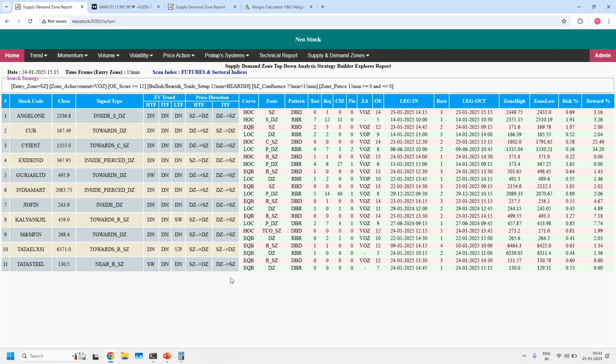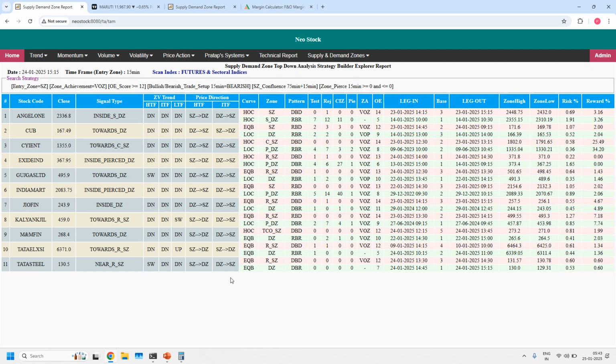Still, we don't prefer that stock, because there is no fine-tuned 5-minute zone. That is very, very important. That is the confirmation for institutional order flow. I am not saying Maruti will be violated. What I am saying is there is an 80% chance of zone violation.